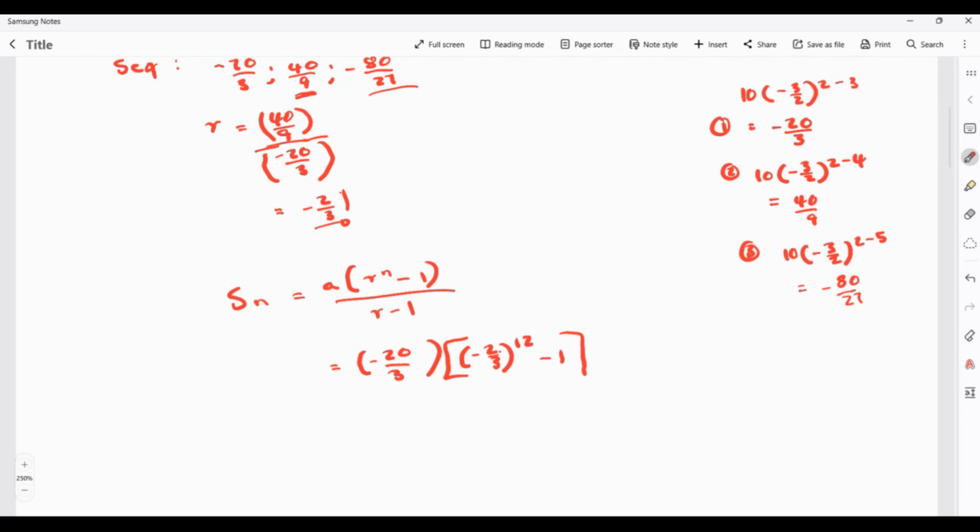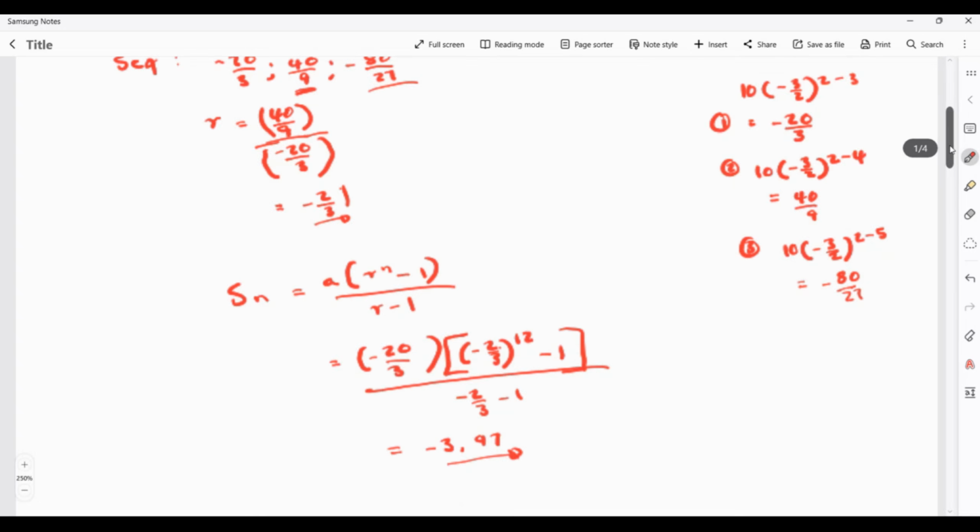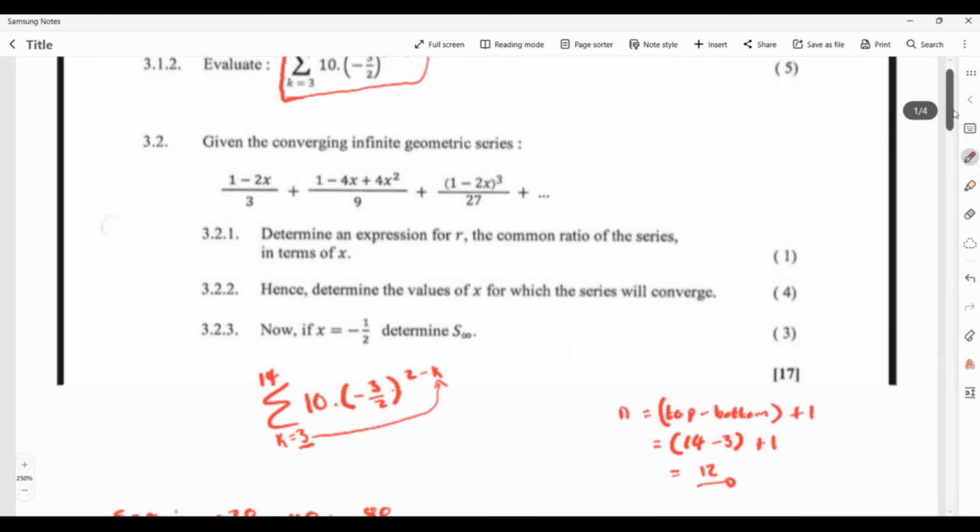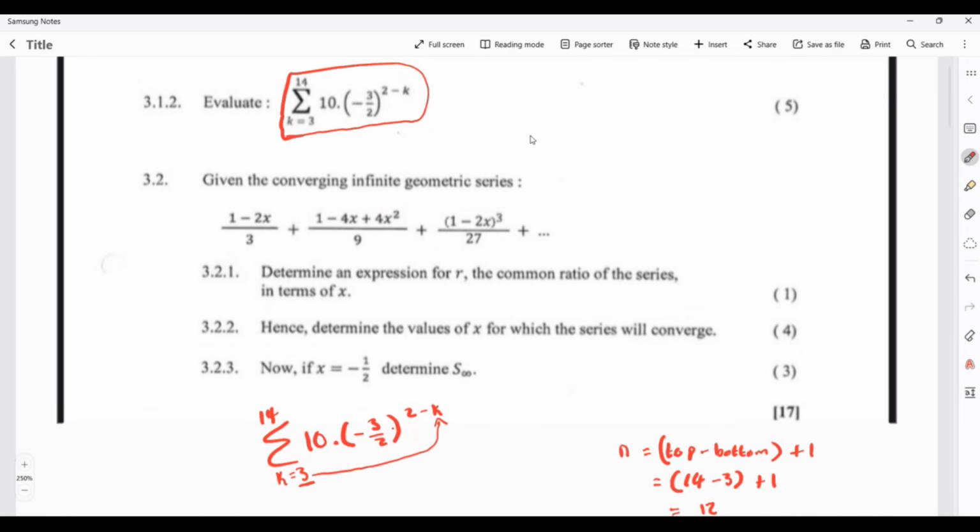So negative 2 over 3 to the power 12 minus 1. You just do that in the calculator, and you get your answer as negative 3.97. Then you're good. That was the 5 marks that you needed.